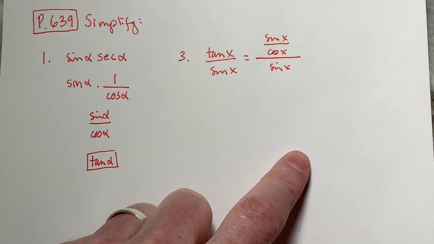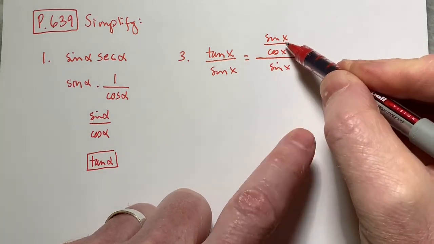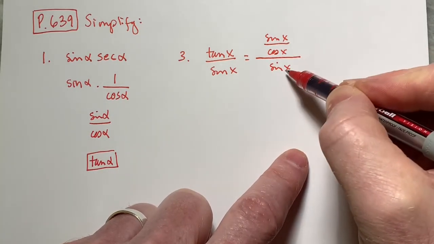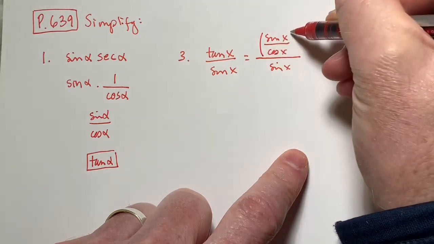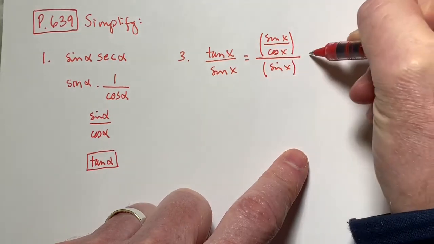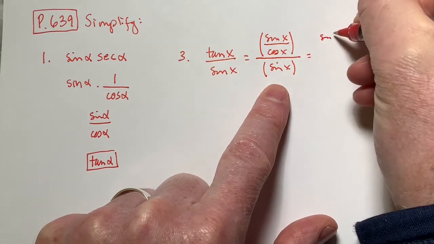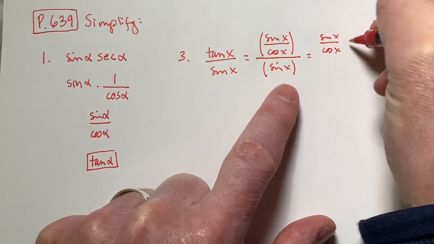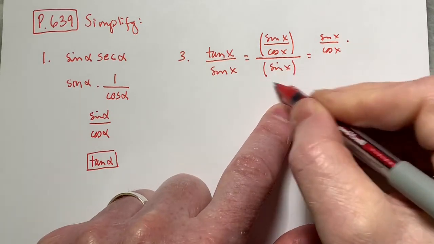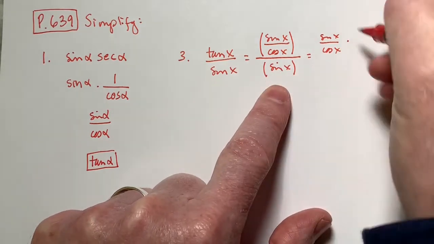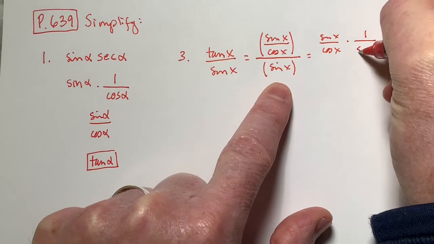All right, well, when I'm looking at this, I really don't like to have fractions inside of fractions, so I'm going to think, what could I do to take the top and divide by the bottom? Well, we've learned to divide by something, you basically take the top part and you leave it alone and you multiply by the reciprocal of the bottom. And the reciprocal of the bottom is 1 over sine of x.